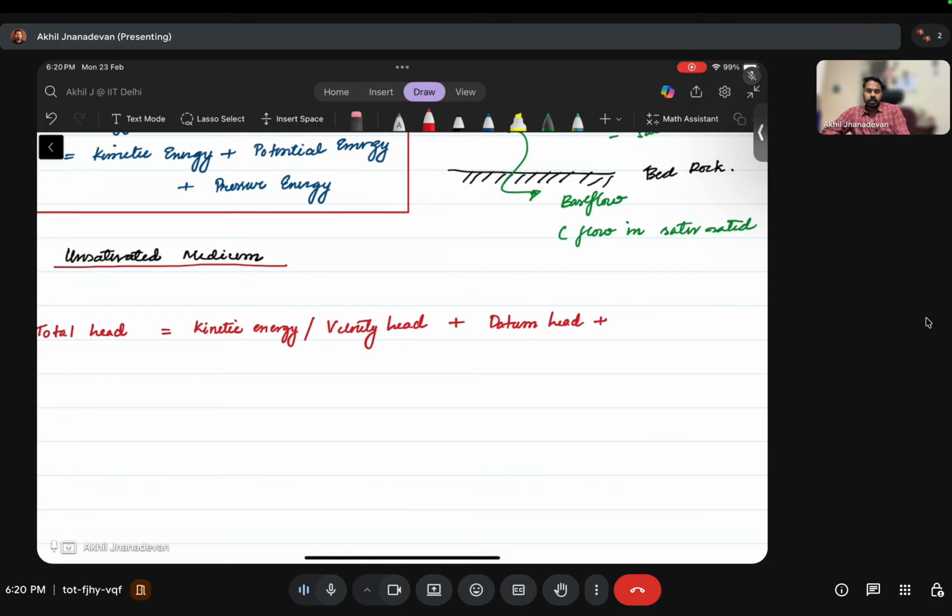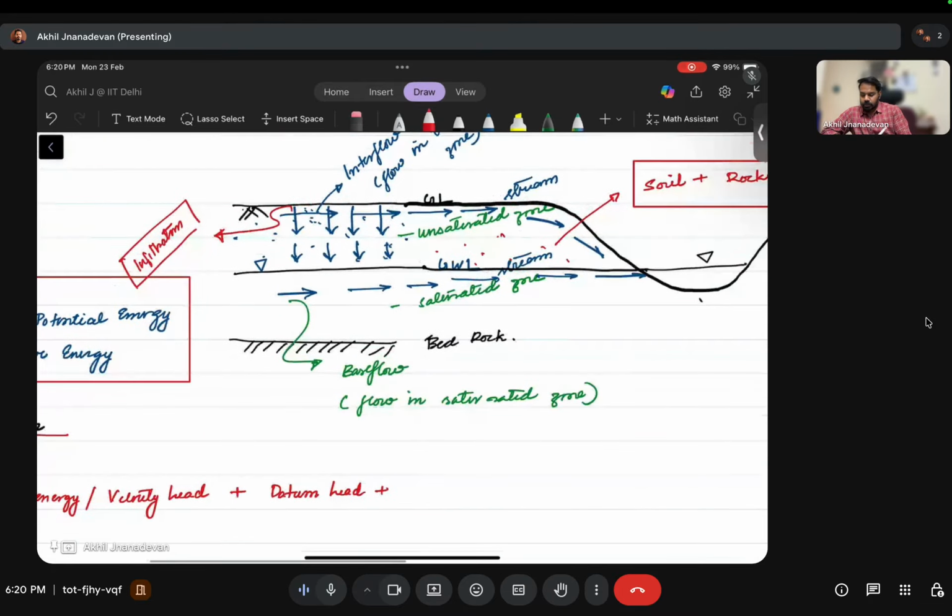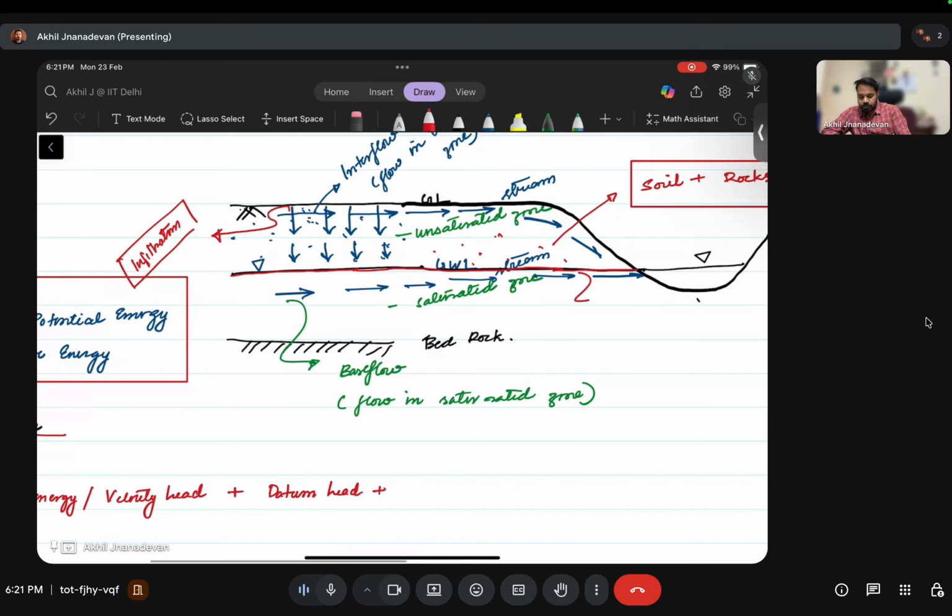In the subsurface, our pressure will be less than the atmospheric pressure, and that is one more thing you have to note. This particular line that we are calling the groundwater table will be at atmospheric pressure.